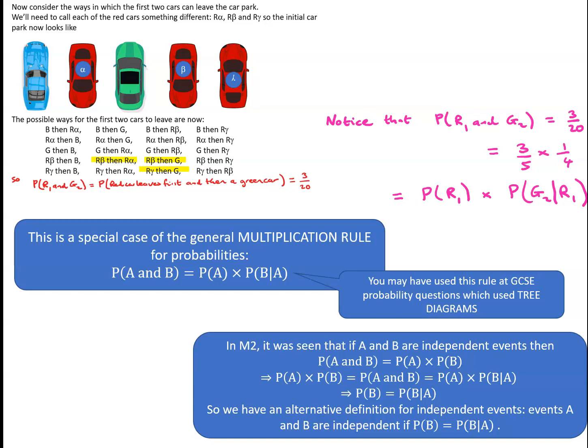So we've got an alternative definition for independent events. The events A and B are independent if the probability of B occurring is the same thing as the probability of B occurring, given that A has occurred.